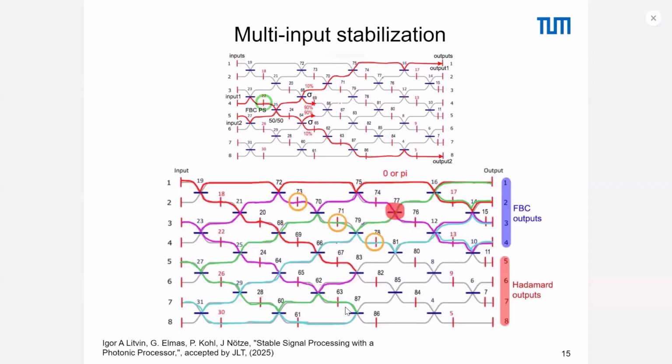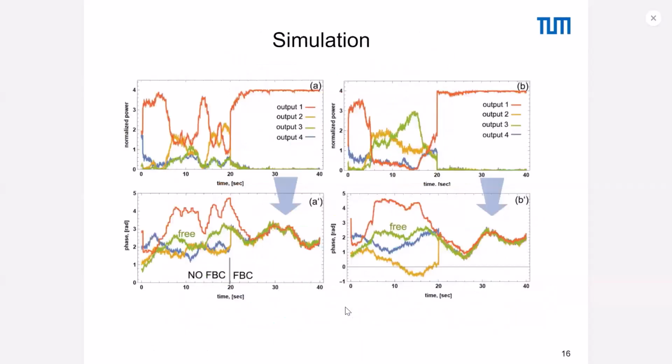So firstly, what we did, we made a simulation. We were able to make quite a nice simulation, so sometimes it's difficult even to distinguish between our simulation and experimental results. We are able to simulate noise in our photonic processor using a Brownian motion model. And these are the results.